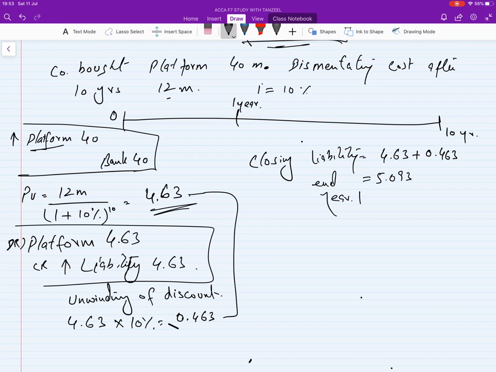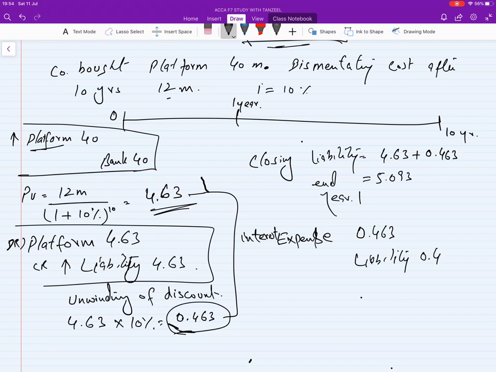So you can say this is going to be your expense, interest expense. Debit interest expense 0.463 and credit liability 0.463. At the end of this year the closing liability is this.